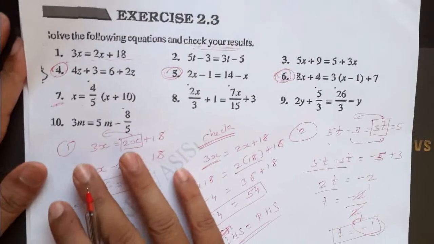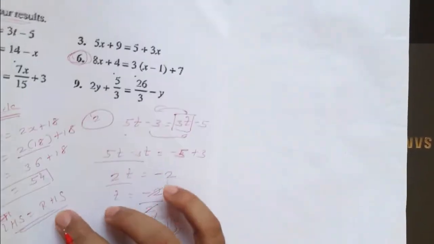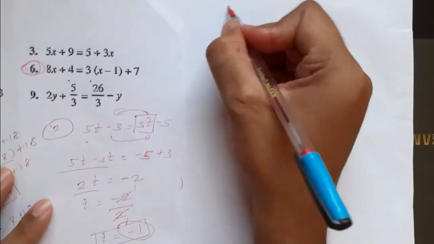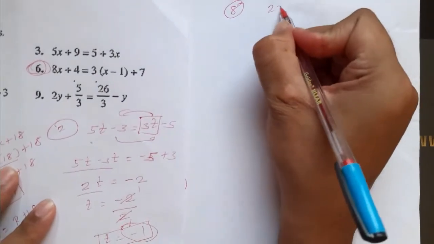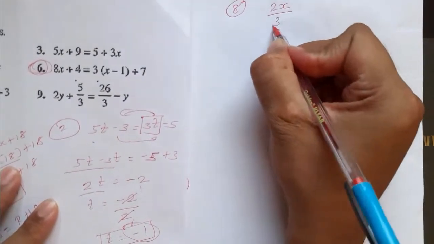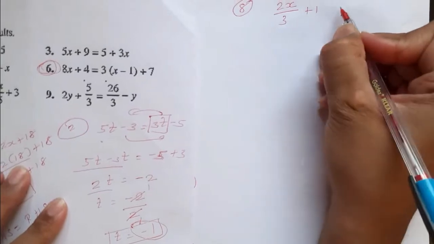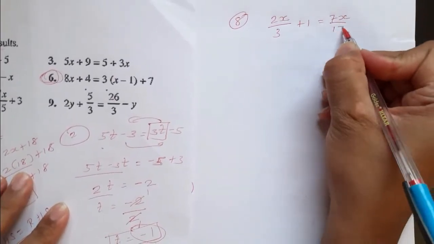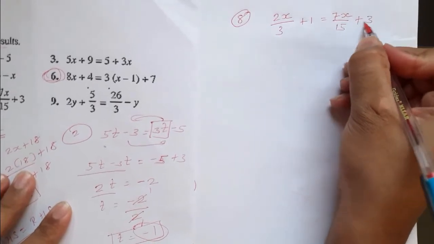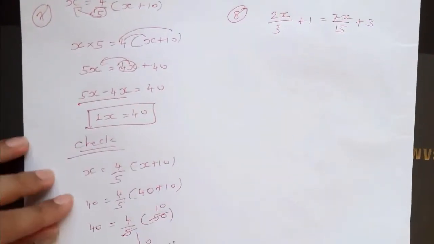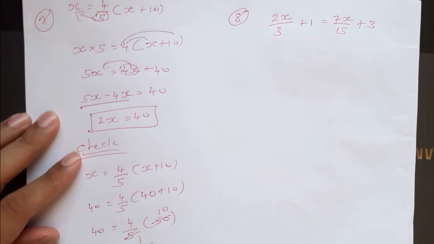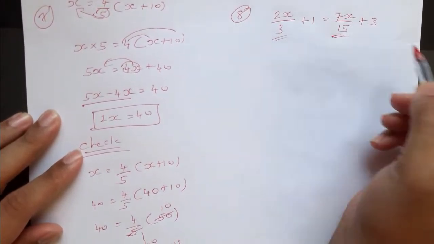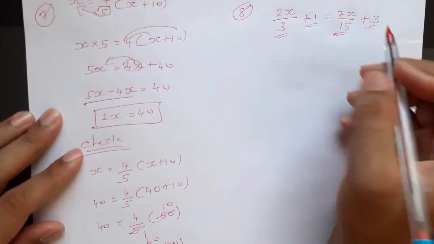Now let us check the 8th one. The 8th question is 2x upon 3 plus 1 is equal to 7x upon 15 plus 3. Now these two terms are variable and these two terms are constant.